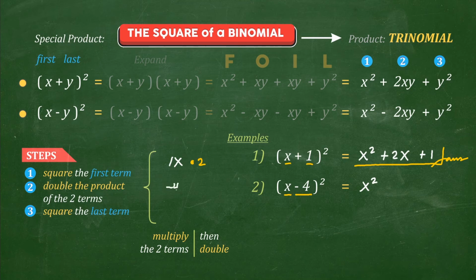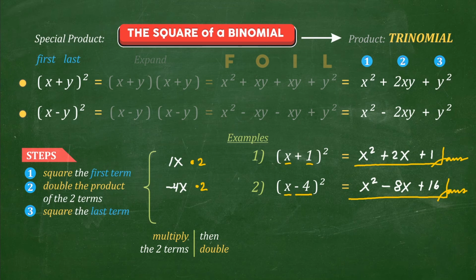It's negative 4x. Double negative 4x. It's negative or minus 8x. Middle term done. Step 3. Square the last term. Therefore, the square of negative 4 is positive or plus 16. This is the answer.